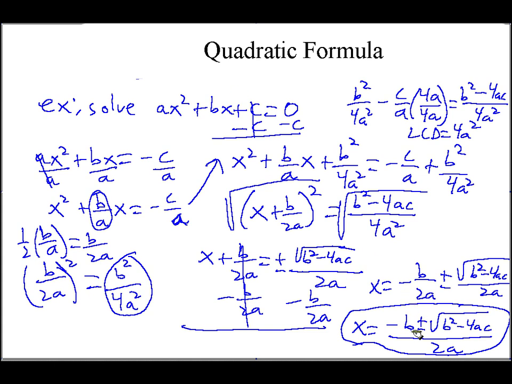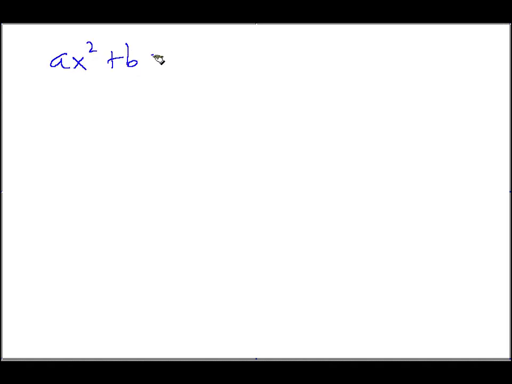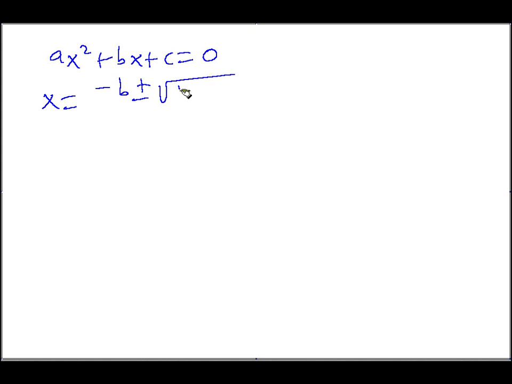Again, let me clear the screen. I'll write again. For the standard quadratic equation, ax squared plus bx plus c equal to 0, x is equal to negative b plus or minus the square root of b squared minus 4ac, all over 2a.